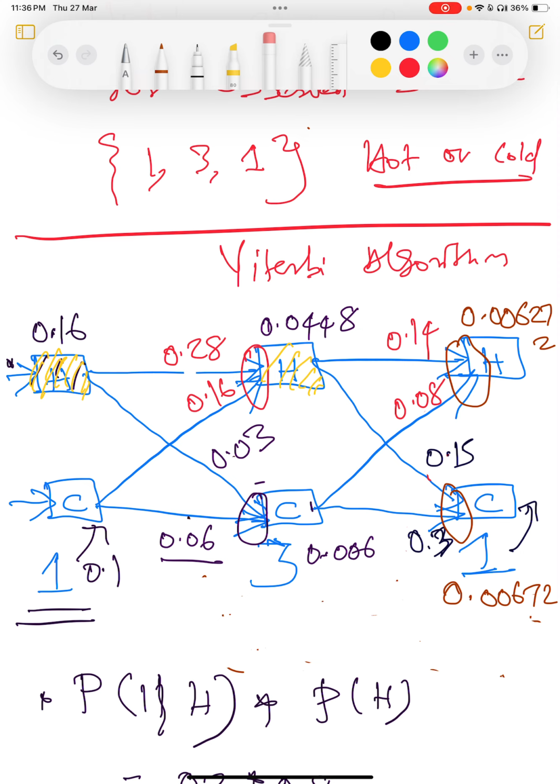Which is greater, 0.006272 or 0.00672? C is greater here, and here this is greater. So with the algorithm, at last we have to conclude the hidden state sequence.